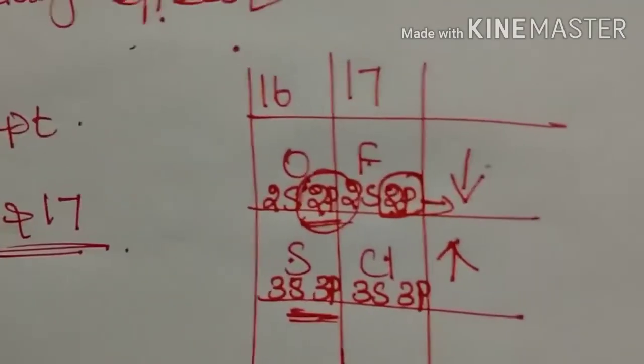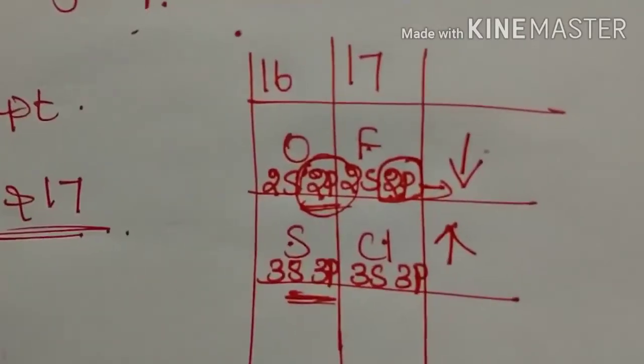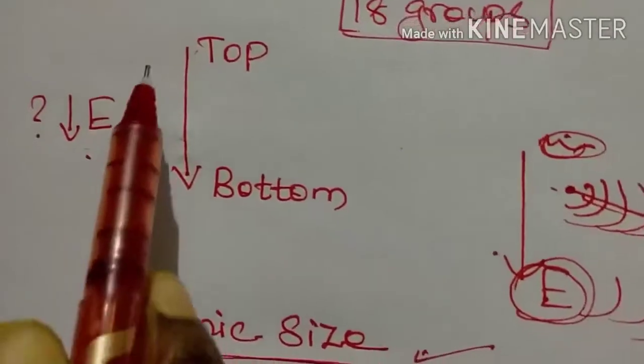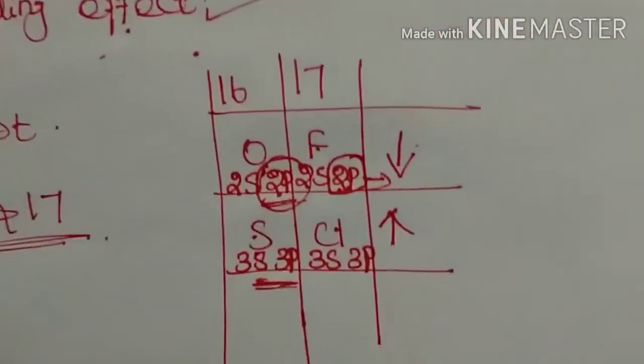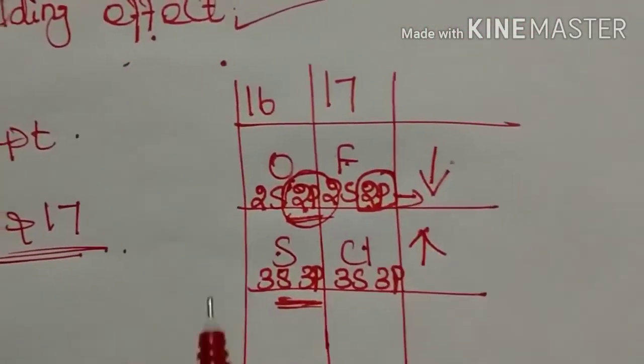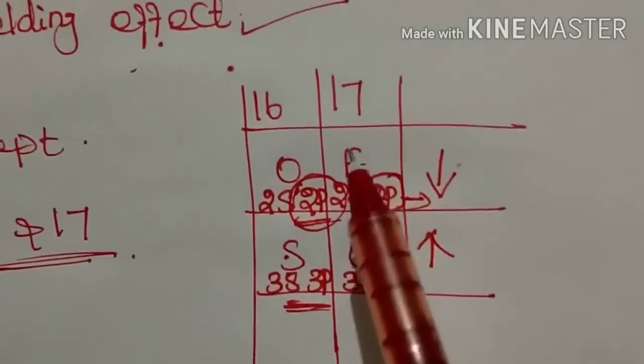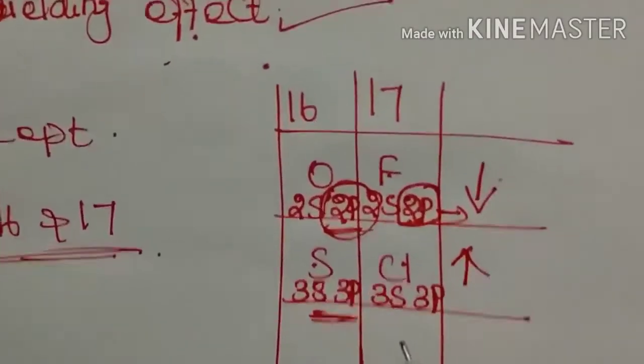But what is the general character of electron affinity in a group? Generally, electron affinity is decreasing from top to bottom, but in the case of oxygen and fluorine, then sulfur and chlorine, it is different.